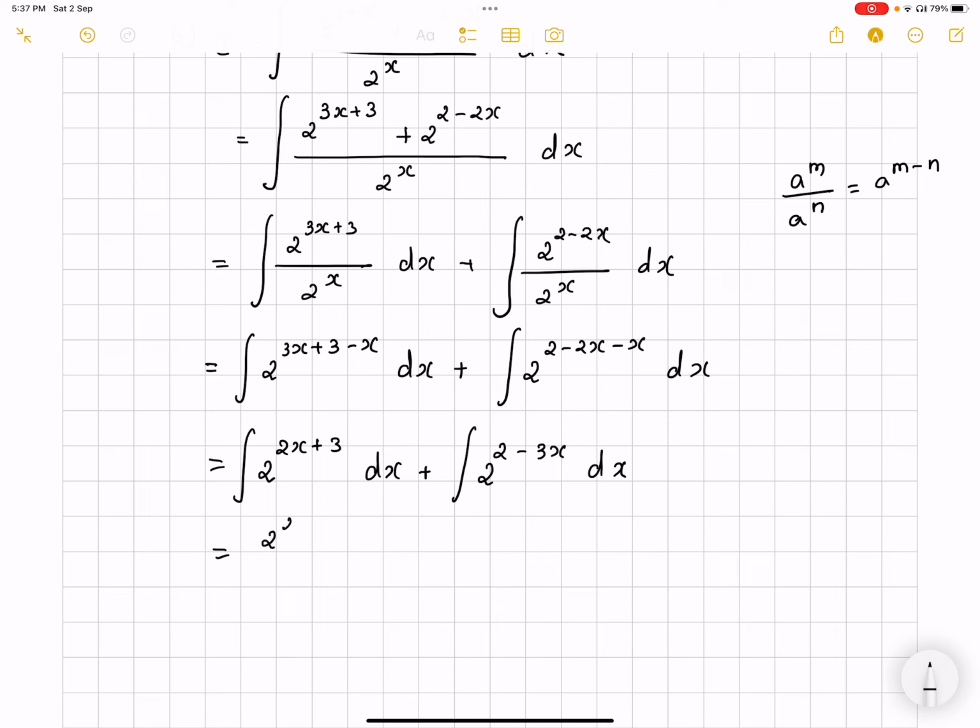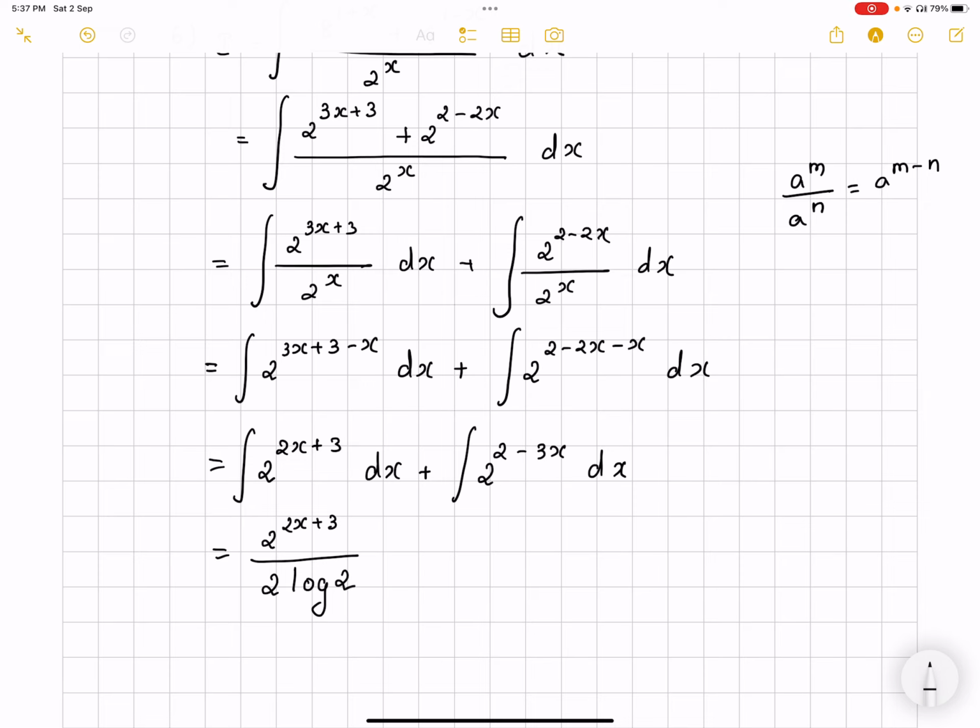2 to the power 2x plus 3, divided by, you would be having 2 log 2.